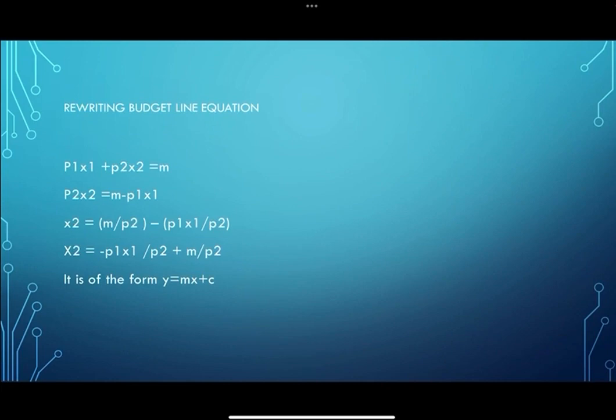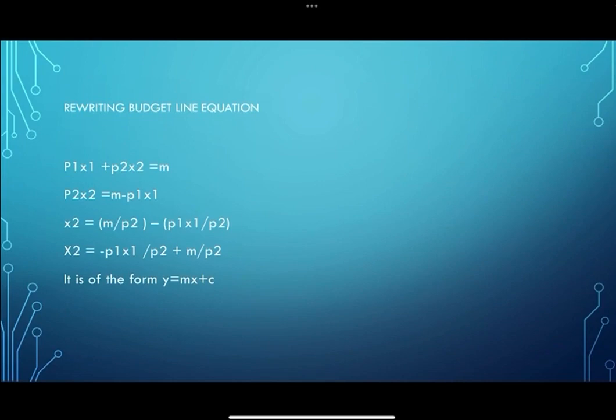From this equation, you now come to know mathematically why the slope is minus p1 by p2. Theoretically, the slope is minus p1 by p2 because you cannot consume both goods in the same quantities.